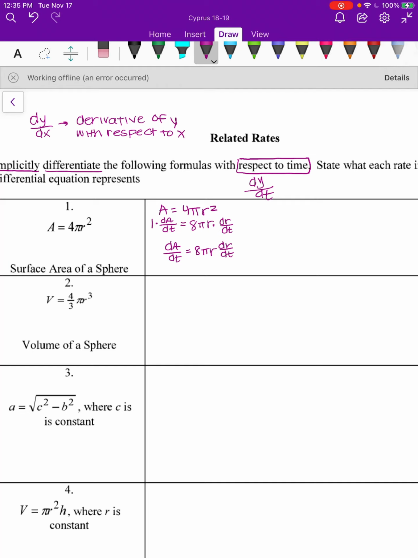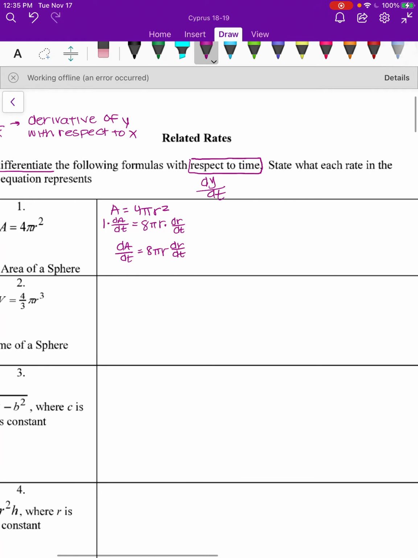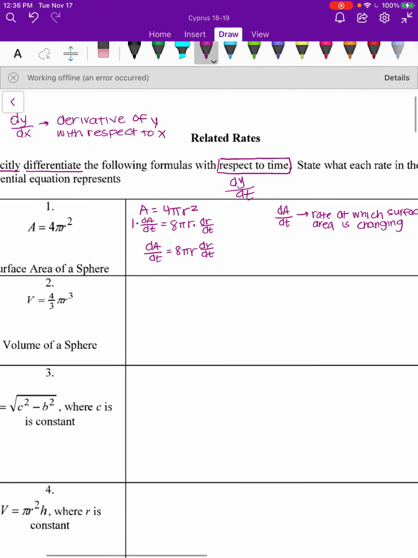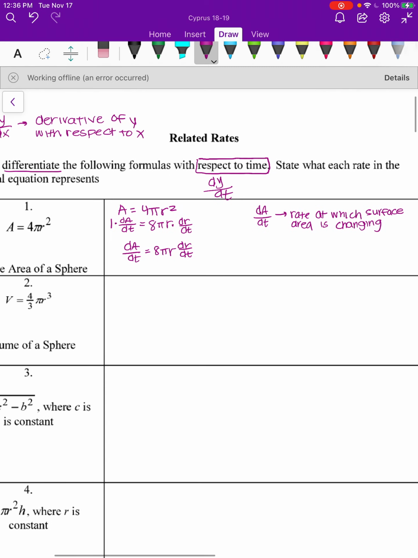Okay. So it asks us to do implicit differentiation, and then the next question says, state what each rate in the differential equation represents. We have 2 different rates here, dA dt and dr dt. dA dt is the rate at which the surface area is changing, because in the original formula, A represented the surface area of the sphere.